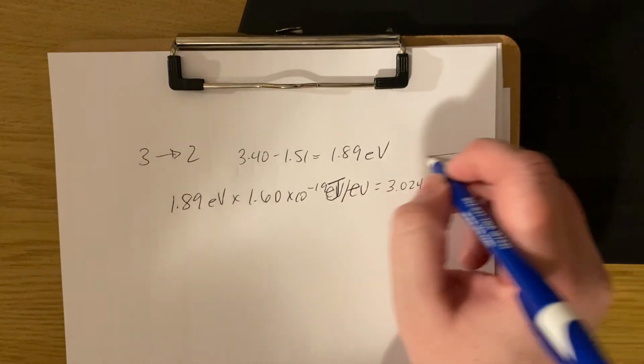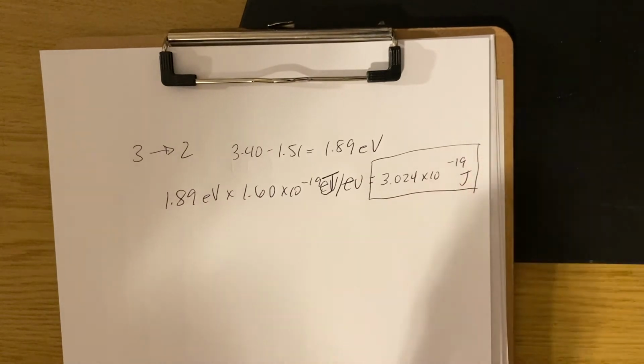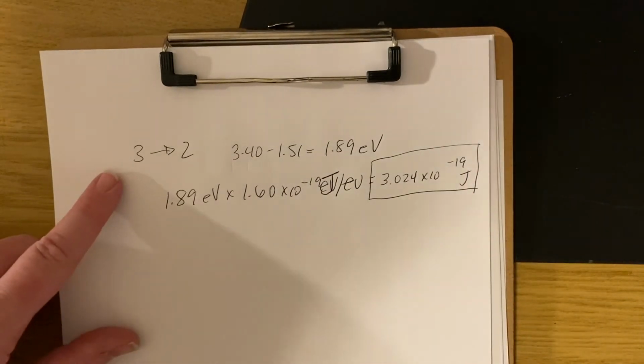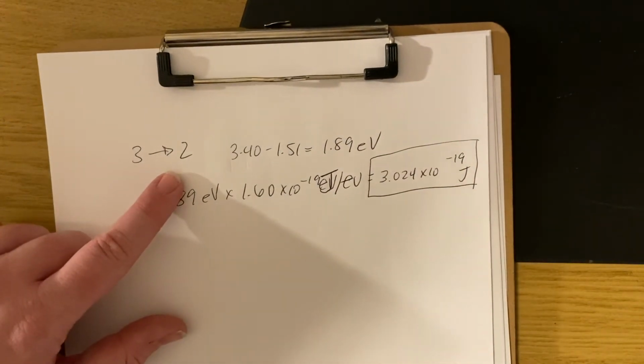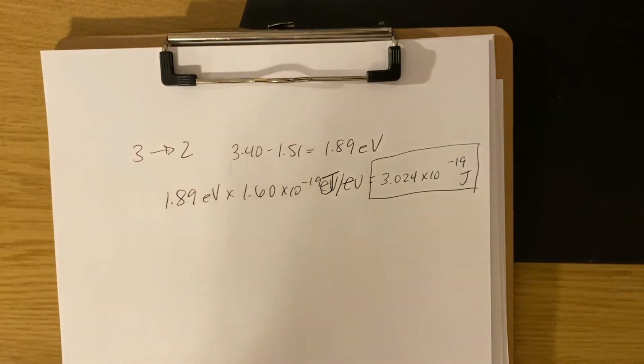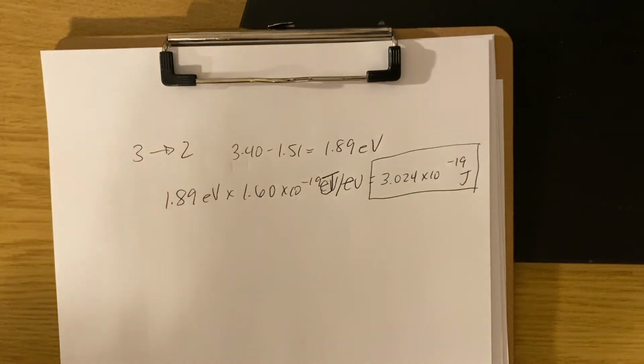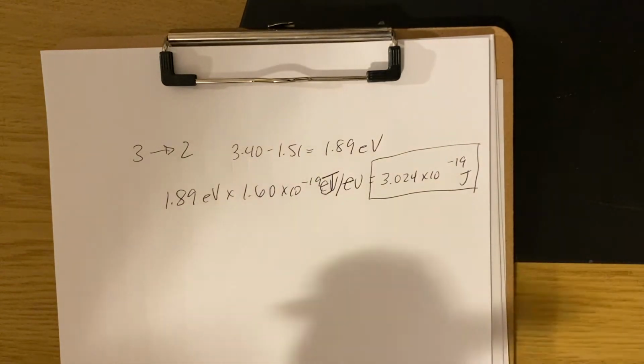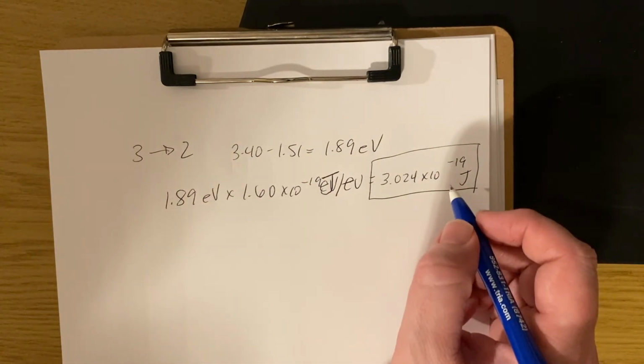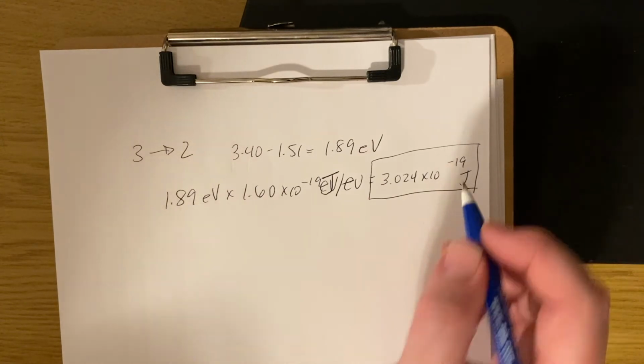So that's the amount of energy in joules that's being released as that electron drops from the 3rd level down to the 2nd level. Remember, it's being released as a photon. Sorry, I think I said electron, photon. So as your photon takes off, it has this energy with it, and that energy corresponds to a wave.